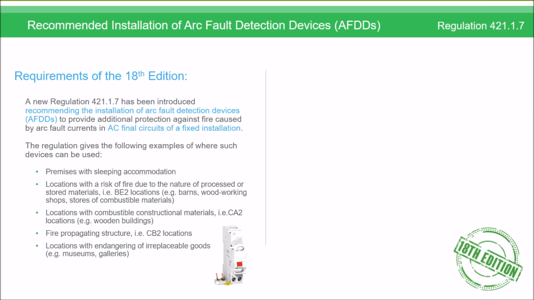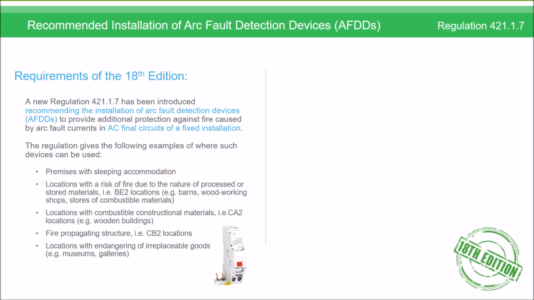So we look at the 18th edition again. We reflect on what the requirements are for arc fault detection devices, AFDDs. It is a recommendation in the regulation now at 421.1.7 to install arc fault detection devices to provide additional protection against fire caused by arc fault currents in AC final circuits of a fixed installation.